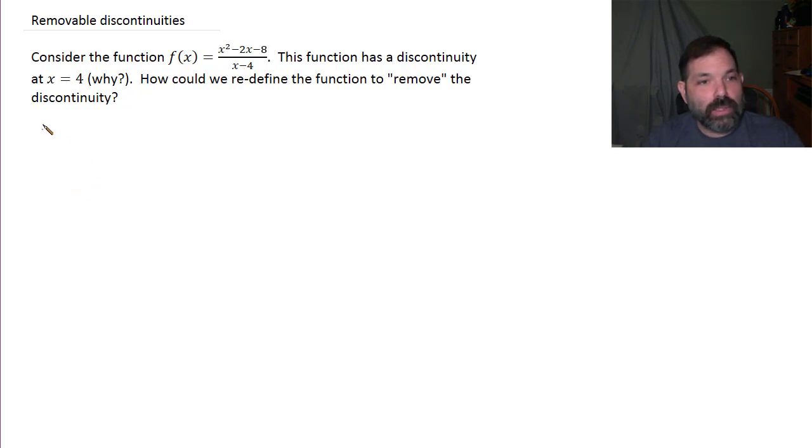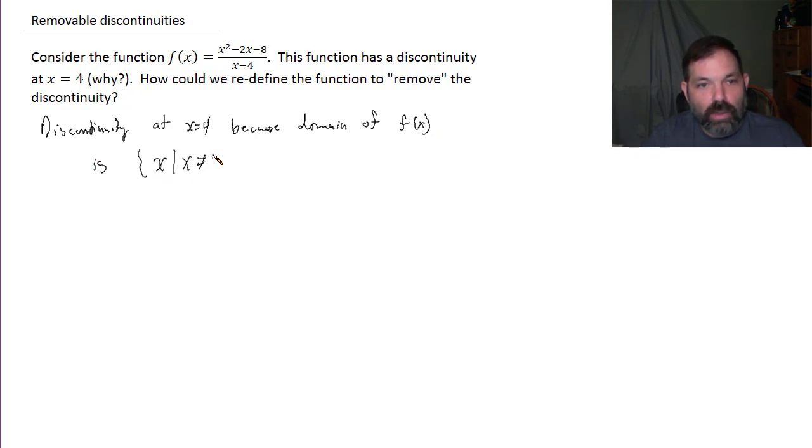We know that there's a discontinuity at x equals 4 because the domain of this function is the set of x such that x cannot equal 4, which is exactly equivalent to negative infinity to 4 union 4 to infinity.